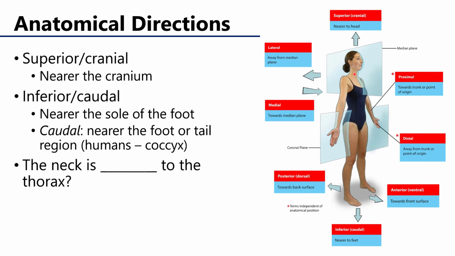Likewise, we can say something is inferior if it is moving down towards the feet. Sometimes we hear inferior referred to as caudal. Caudal refers to the tail. Humans don't have tails, but we do have a vestigial tail that articulates as part of the pelvis called the coccyx, which you'll learn more about in MSK.